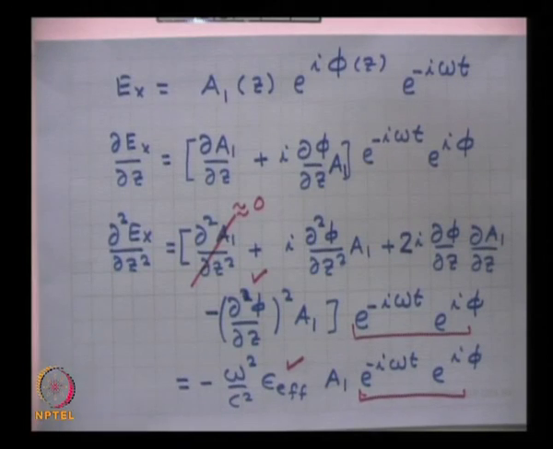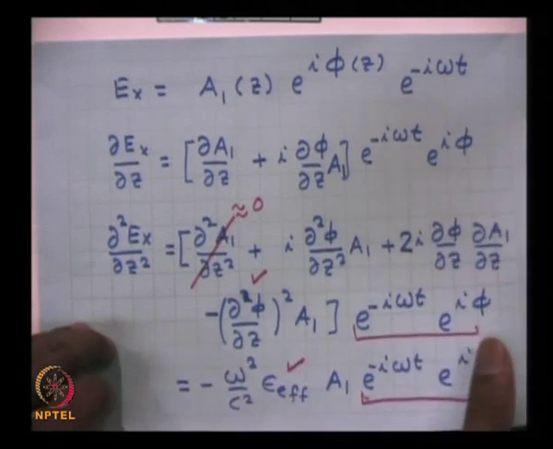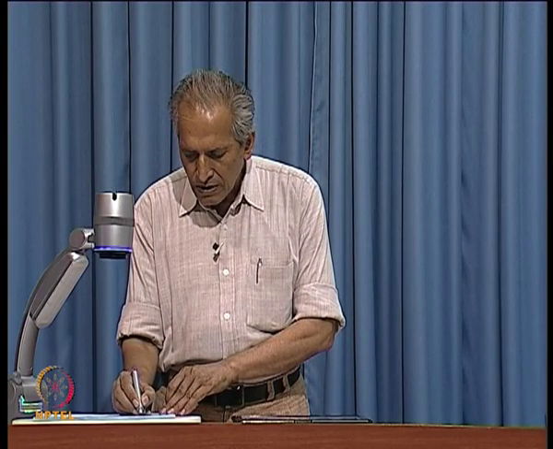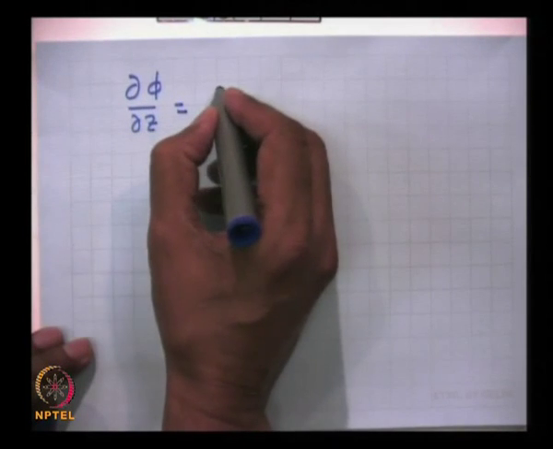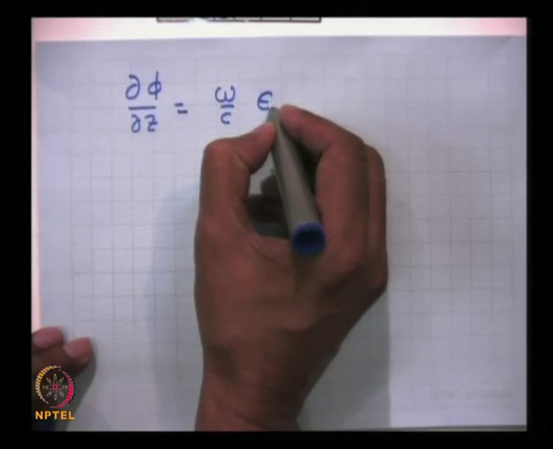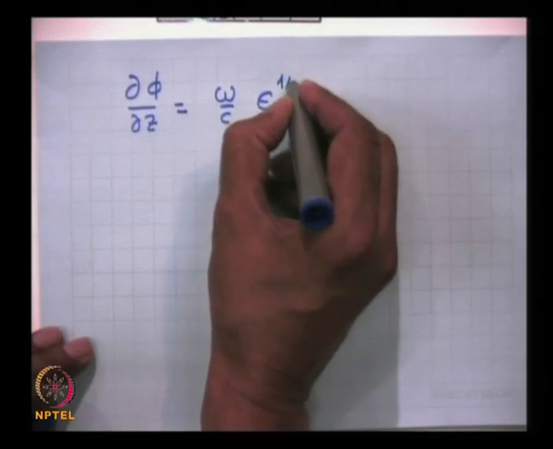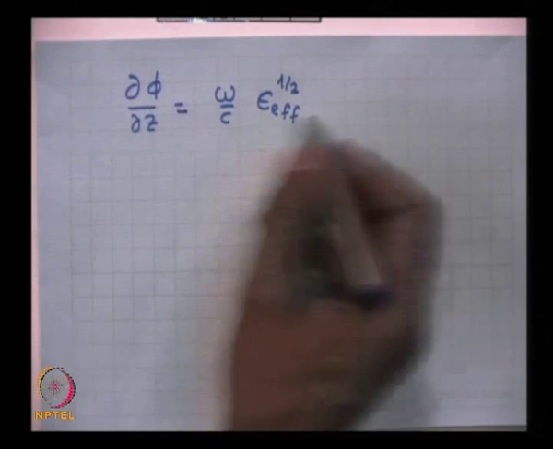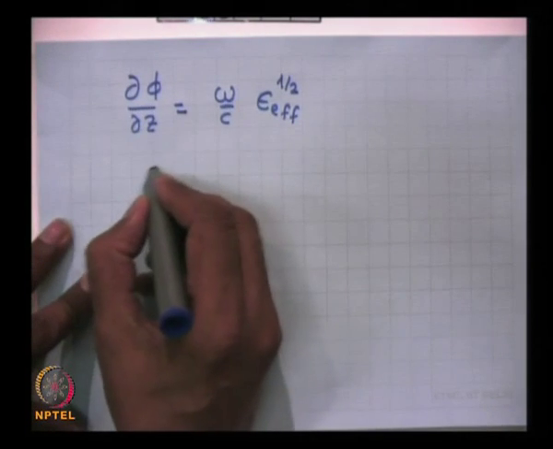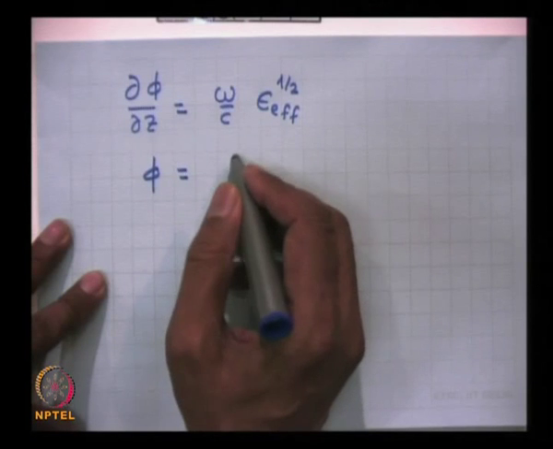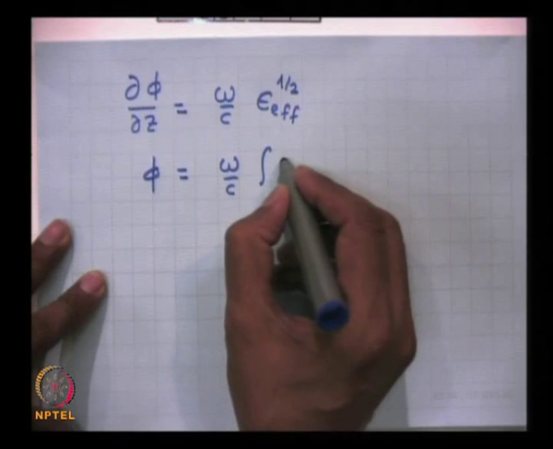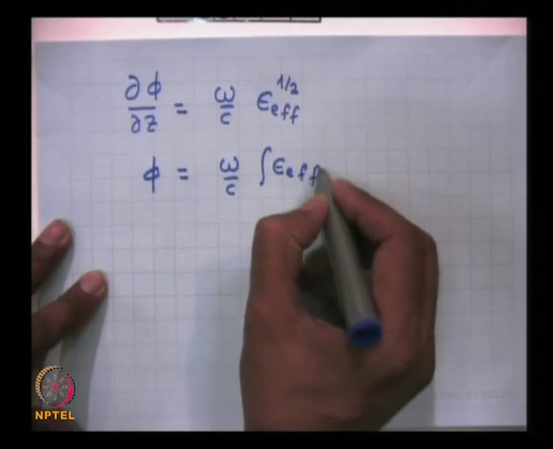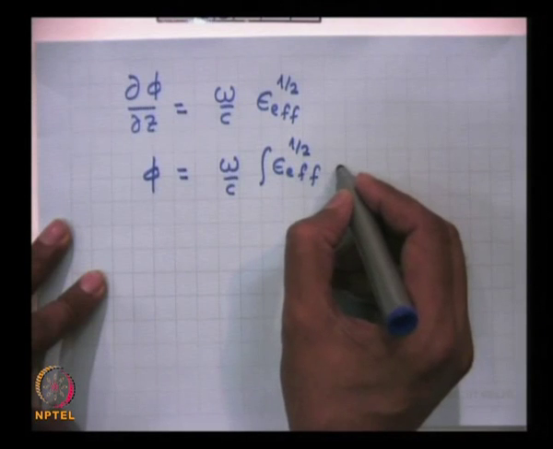This gives me delta phi by delta Z is equal to omega by c epsilon effective to the power half. So phi can be easily obtained from this equation. The phase of the wave, the spatial part of the phase, is omega by c integral of epsilon effective to the power half dz.